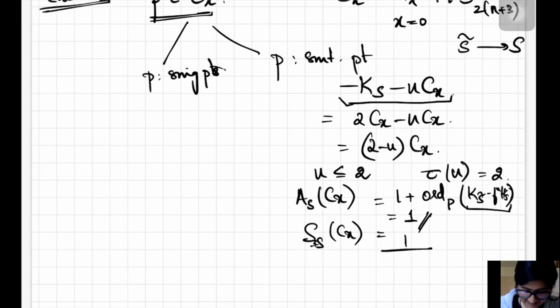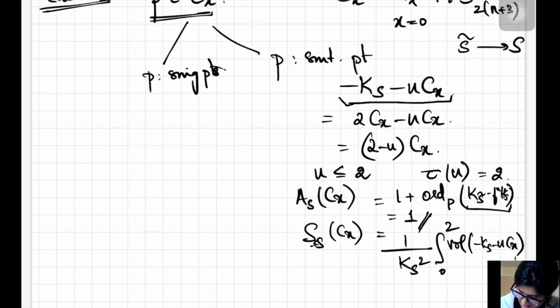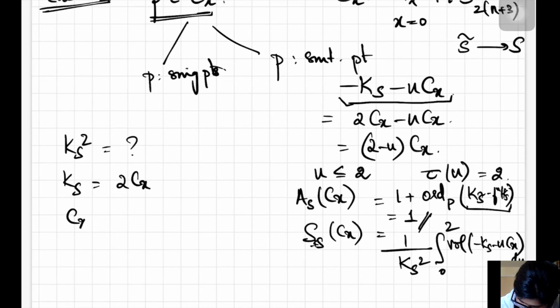And then when we do this computation, which is 1 over Ks squared, integral from 0 to your pseudo-effective threshold, volume of minus Ks minus uCx du. We need Ks squared, and so Ks being 2Cx, you need what Cx squared is. We have a very similar Bezout type intersection for weighted projective space.